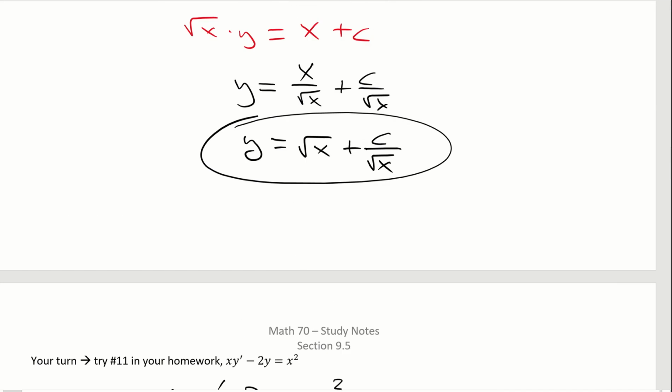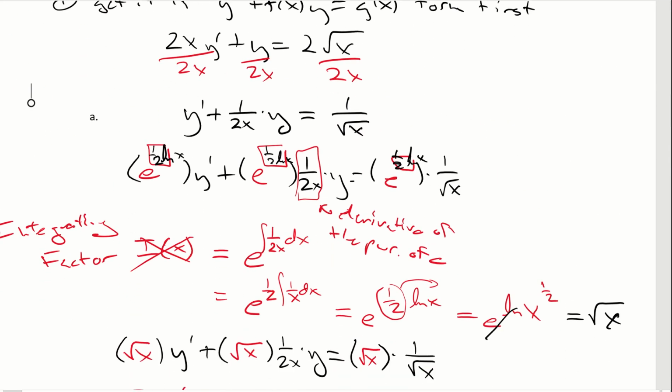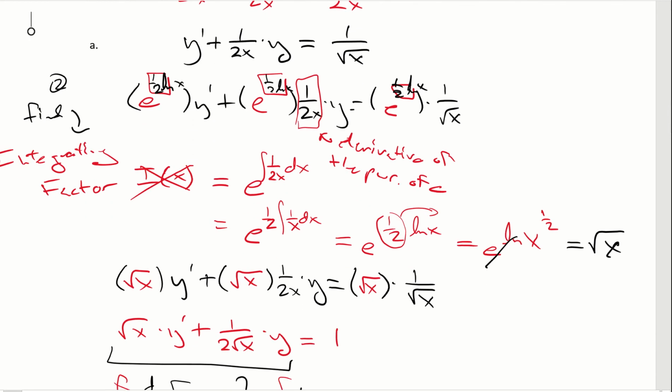You know what drives me crazy is up here I go, step 1, get it in that form first. If you want to do this, step 2 is find the integrating factor. Step 3 is multiply through with the integrating factor.